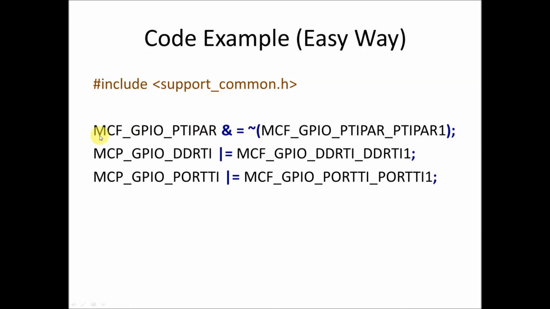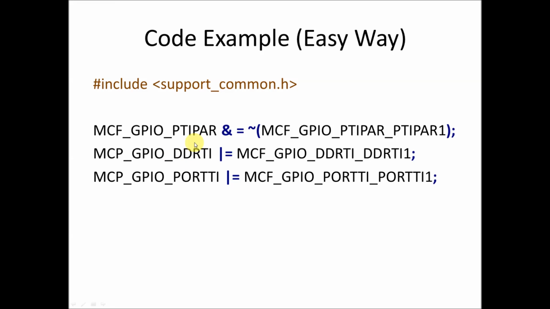So here I've got the name as defined by support_common.h. It's basically MCF_GPIO_PTIPAR, and then it even defines for us what bits are there. So in this case, I want to clear bit 1 of PTI par. I don't even have to calculate the mask myself, it's already done for us. So you can see that each of these are built the exact same way as before.